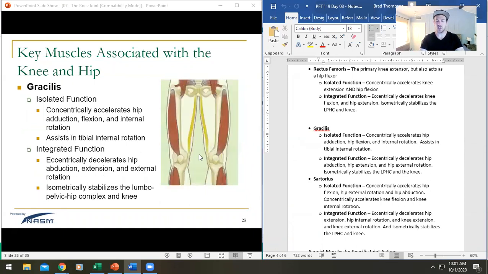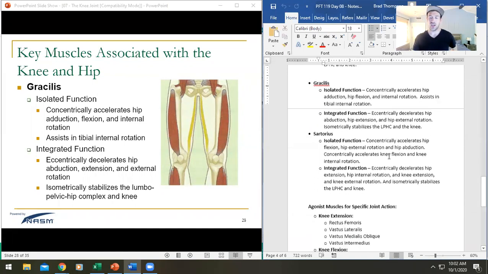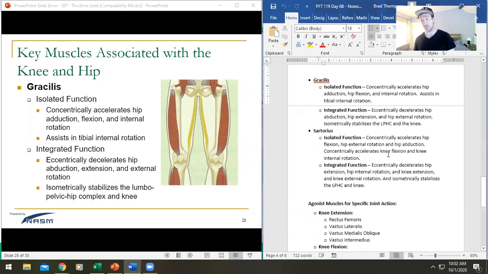Next one we got that is also a little bit part of your knee here. Now, it's not really in charge of too much knee stuff, but I put it on the knee day. We'll talk more about these two muscles when we get to the hip complex, but they are knee stabilizers. So they're there to create stability, which they need to be part of the conversation.